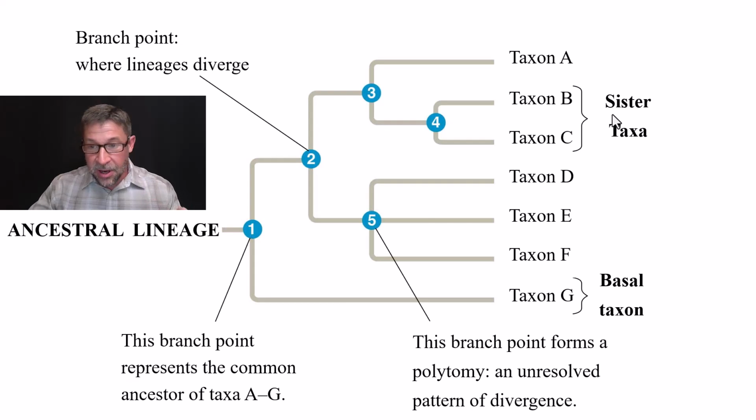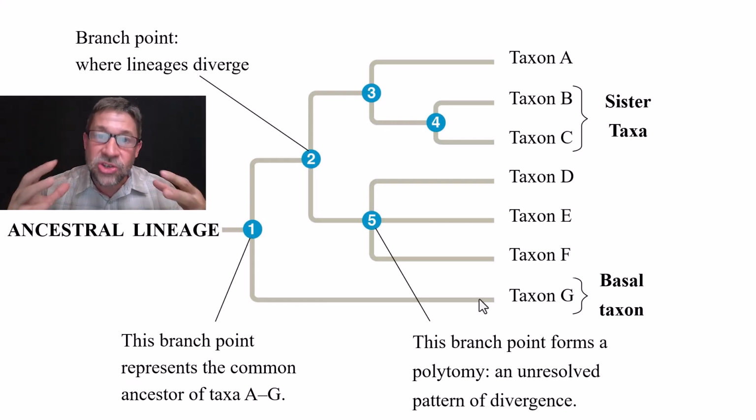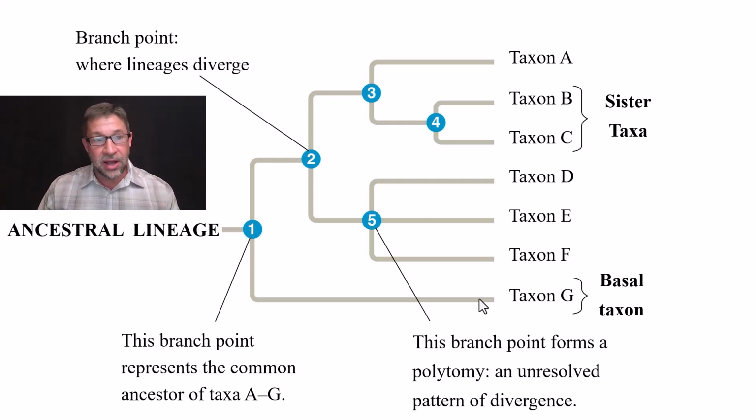And so with that in mind, the basal taxon, in this case, it's down here. The basal taxon is the oddball. So it is the most distantly related lineage relative to all the other lineages on the phylogenetic tree. The basal taxon is actually really important as a point of comparison. Also, it's going to help us root the tree relative to the larger phylogenetic tree of life.